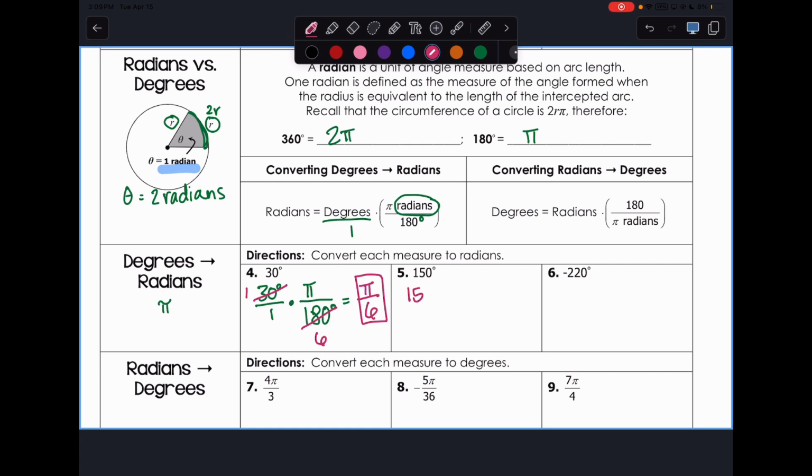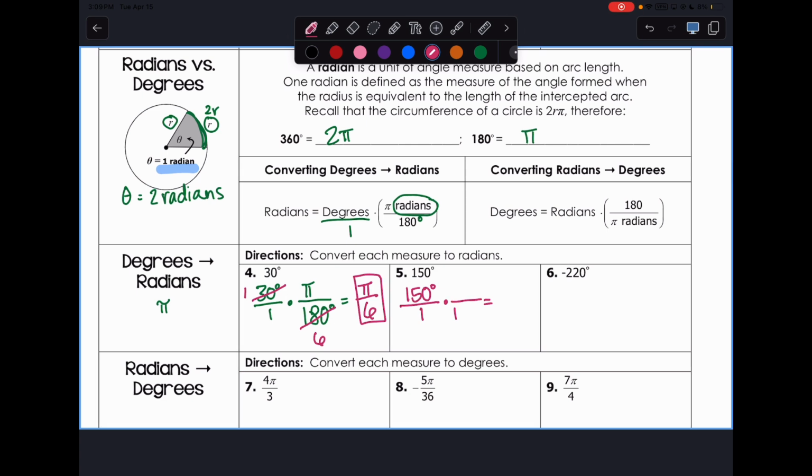150. How do we go from 150 degrees to radians? What should go in the denominator? 180 degrees. And then what goes in the numerator? Pi. So what goes into both 150 and 180? 30, 10. Either one works, okay?